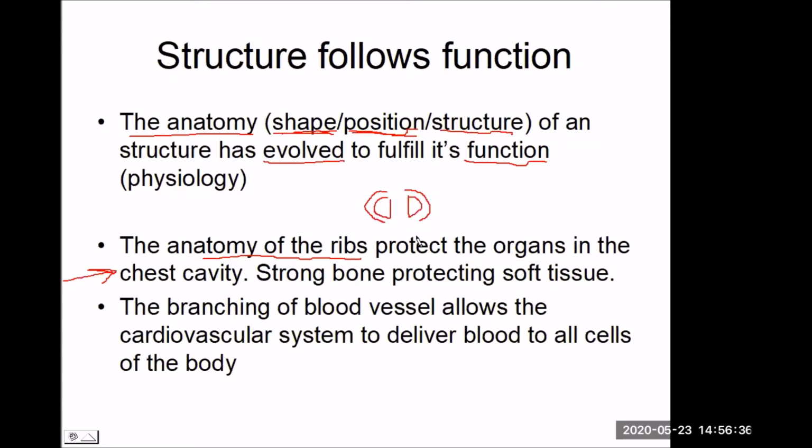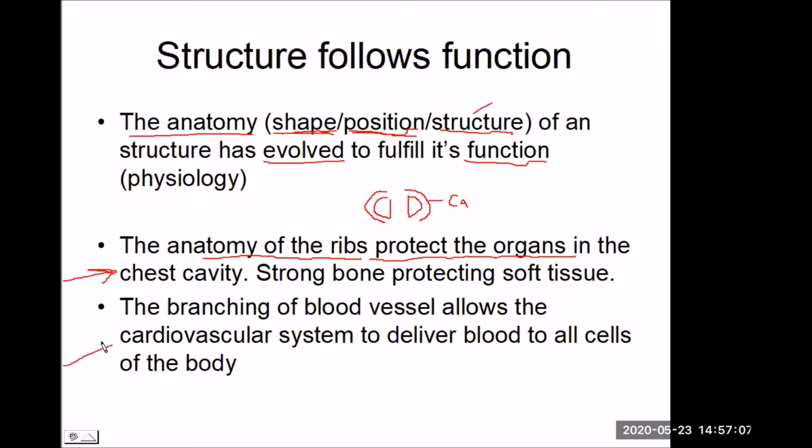So that physical position and also the makeup of your ribs, the strong calcium-rich bone structures, make them very hard and rigid. Everything about the shape, position, and structure of the ribs helps to protect your internal organs. So we see how all of that anatomy is carrying out some specific function. So this is just one example.